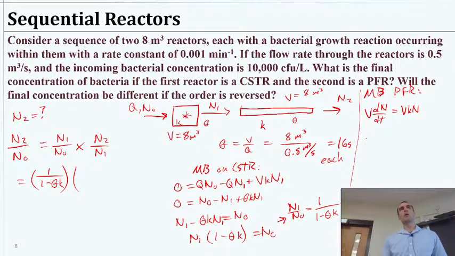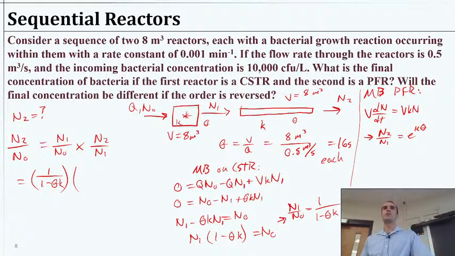So when we derive this, we will see that this becomes N2 over N1 equals e to the kt. But instead of t, we're doing theta. That's because we're integrating from our starting N, which was N1, to our final, which is N2. So it works just the same.